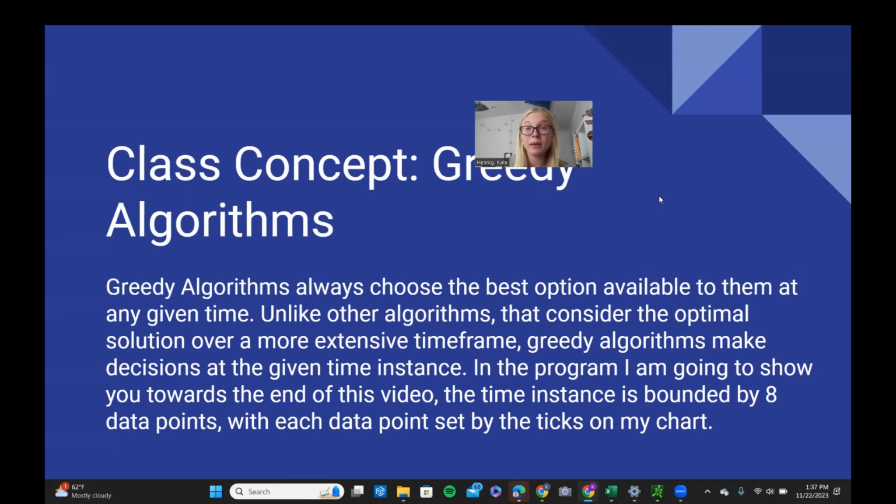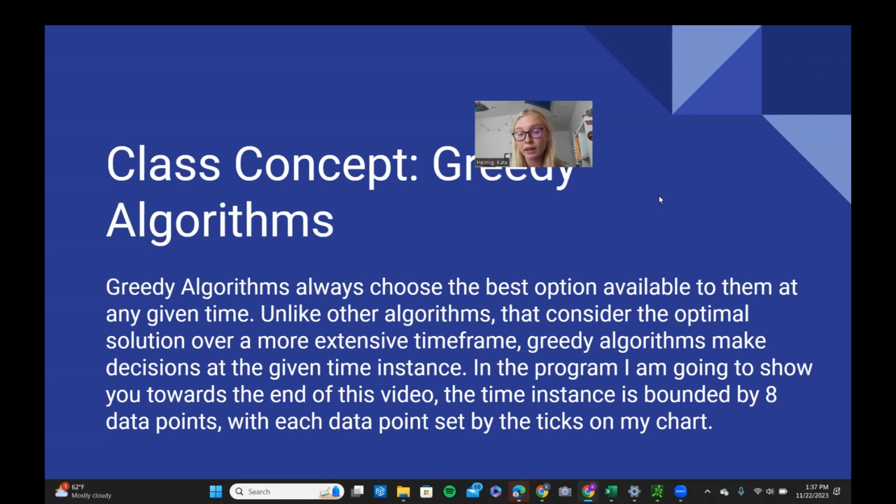So in the example that I'm going to show later towards the end of the video, I'm applying a greedy algorithm whose time period is spanned by 8 data points. The time difference between each data point is something that I specify when I look at my chart, and I believe that currently my chart is specified 1 minute in between each data point.